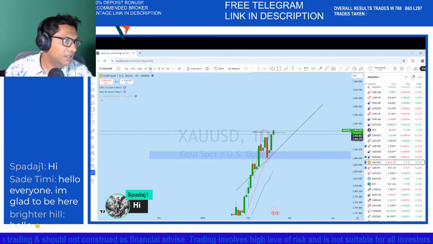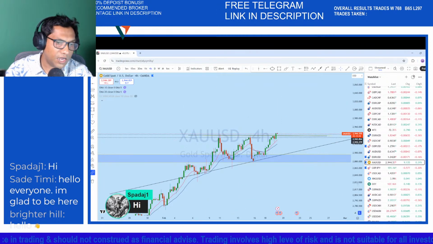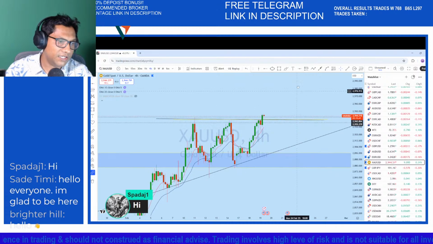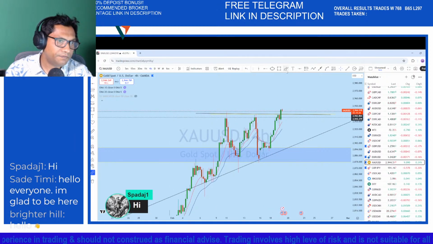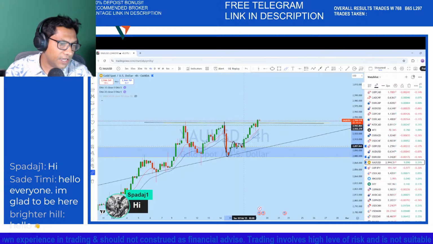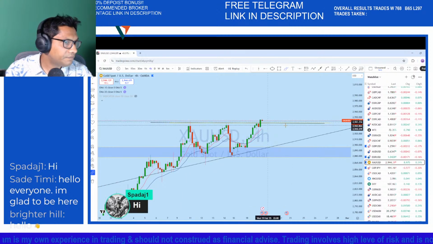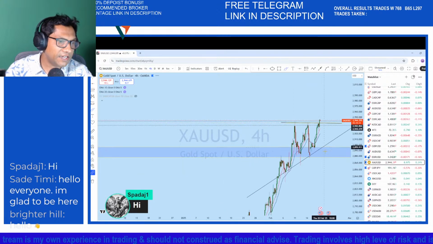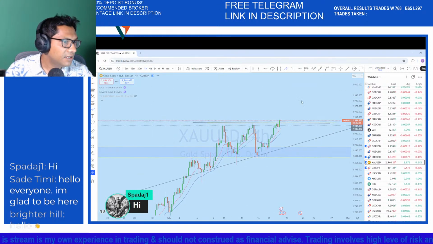On the 4-hour time frame, with this drop, the market had a consolidation breakout, pullback, and again the candle closed above the resistance line. The price again created a new high.